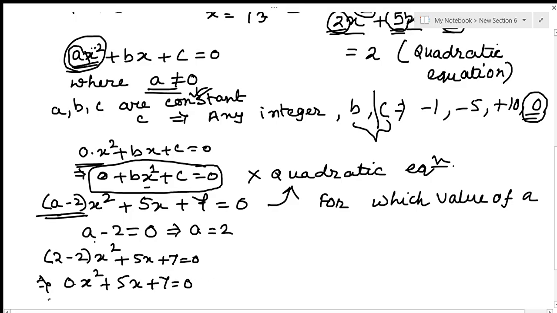Again we are getting 0 plus 5x plus 7 is equal to 0. So this is not a quadratic equation, because here the maximum power or degree of x is equal to 1. So for the value of a equal to 2, this is not a quadratic equation.